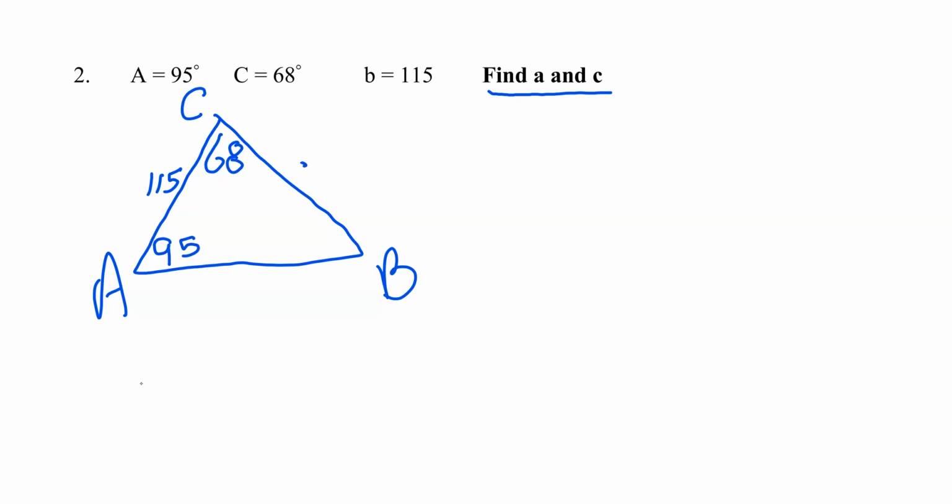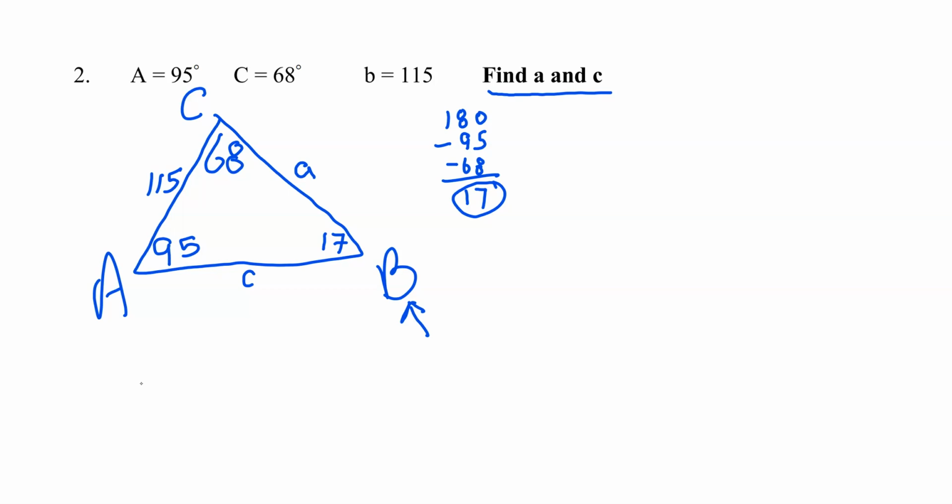We need to find out what side A is and side C. Well, again, to work this out, I think we need to know what angle B is, right? So we're going to take 180 and subtract the 2 angles that were given. We wind up with 17 degrees.